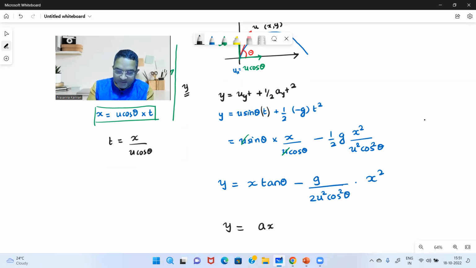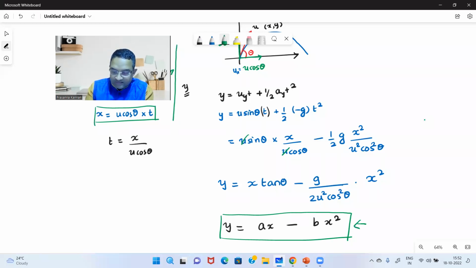So this is looking very similar to y is equal to ax minus bx square, correct? So it has a quadratic relationship with x, right? So this is the equation of a parabola.